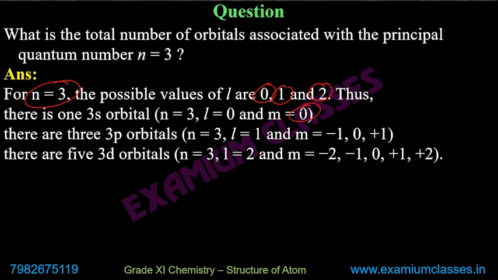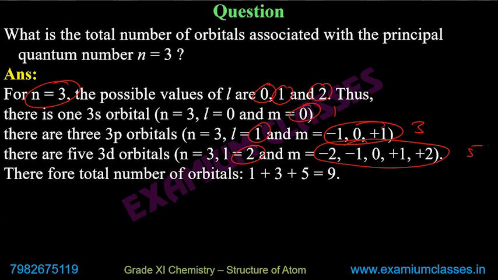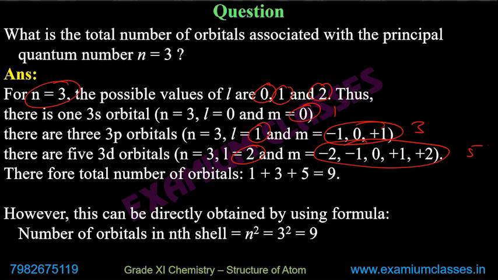For 0, you will have 1 orbital. For 1, you will have 3 orbitals. For 2, you will have 5 orbitals. So 1 plus 3 plus 5 will give you 9. But you don't need to use this. You just need to use the formula n square. And a common mistake, I am telling you, even after telling, quite a few students make it: you will get a question about electrons, most probably, not orbitals. So don't forget to use the formula 2n square. For electrons, it will be 2n square, double the number of orbitals.